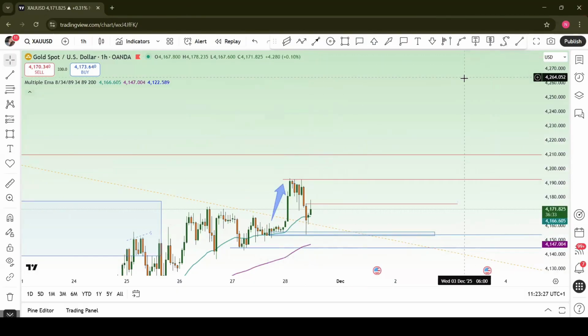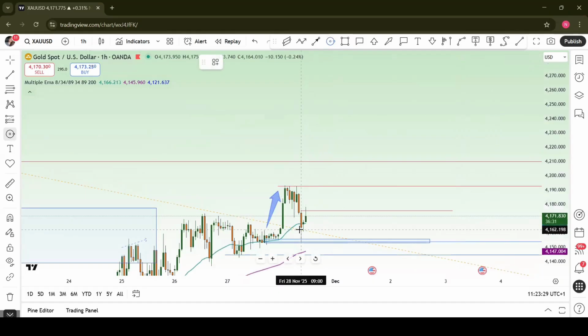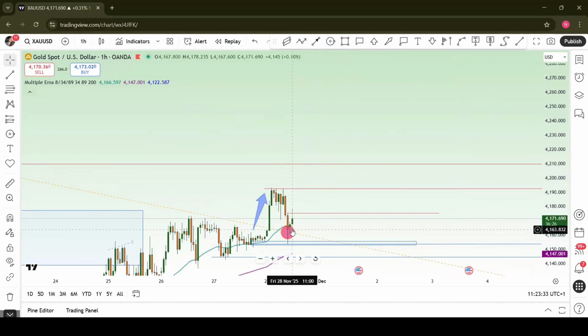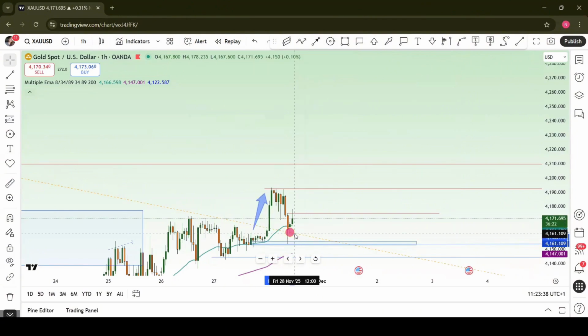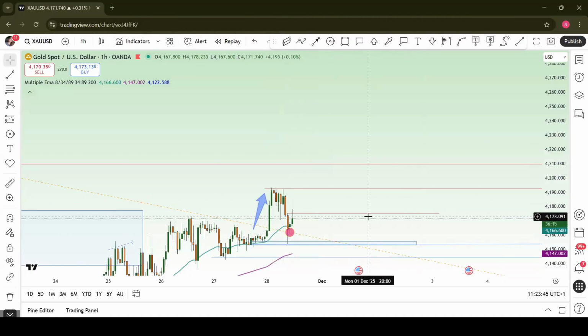So that action is called the retest. Even though the market is having high liquidity today, it still follows the market rules. It touched the trend line, reversed, and now is heading up to a higher level.